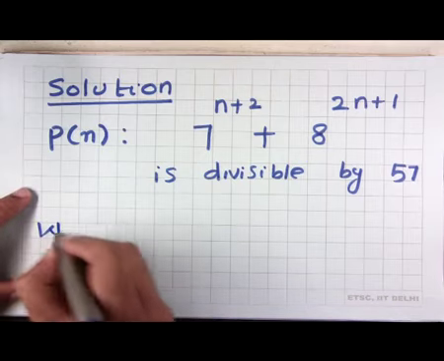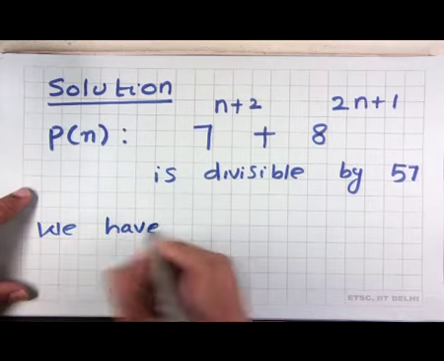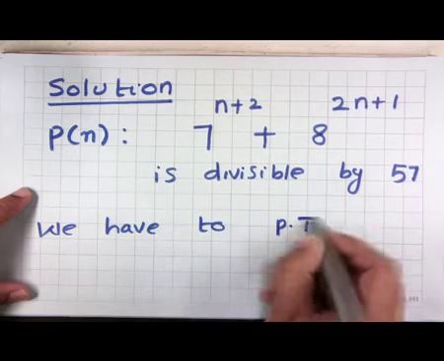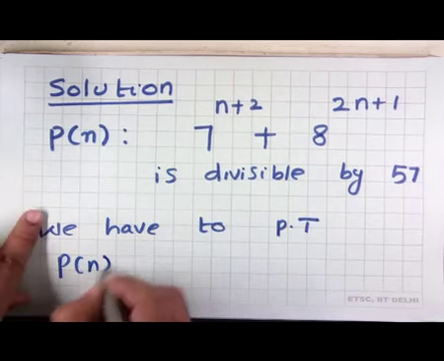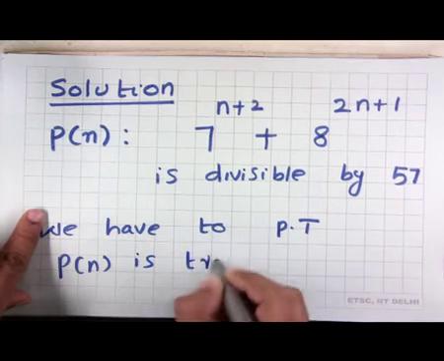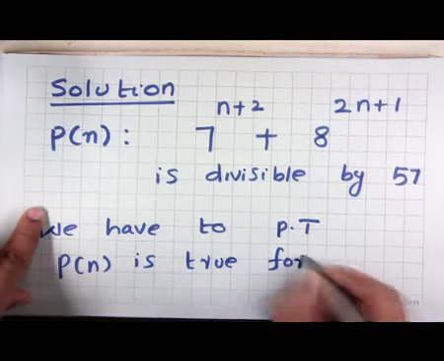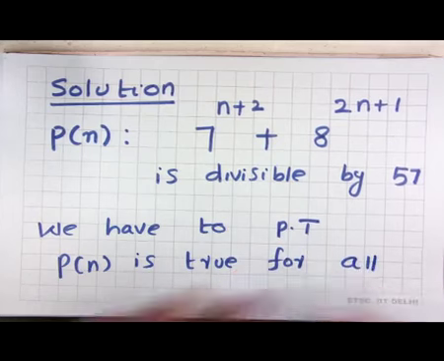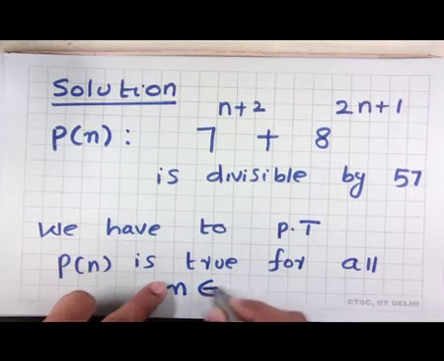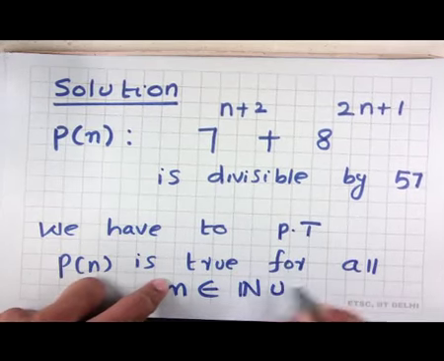We have to prove that P of n is true for all n in N union 0.